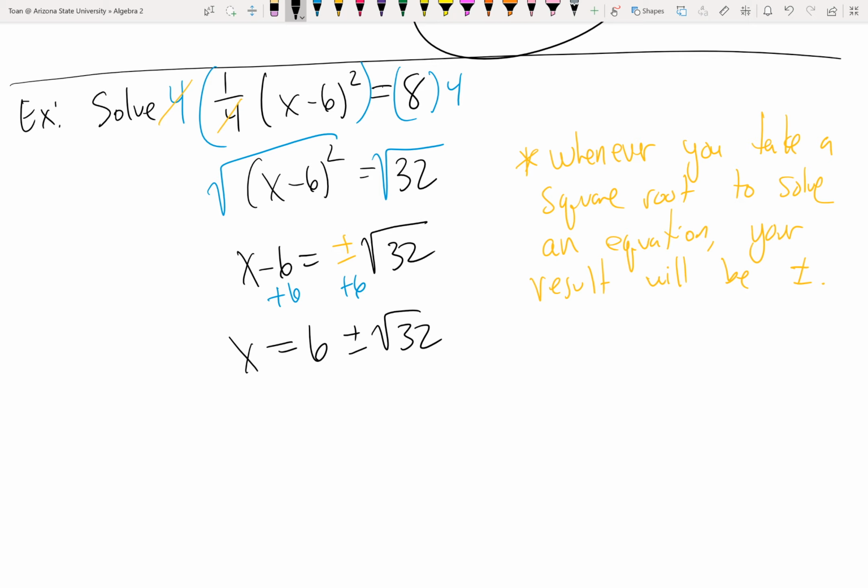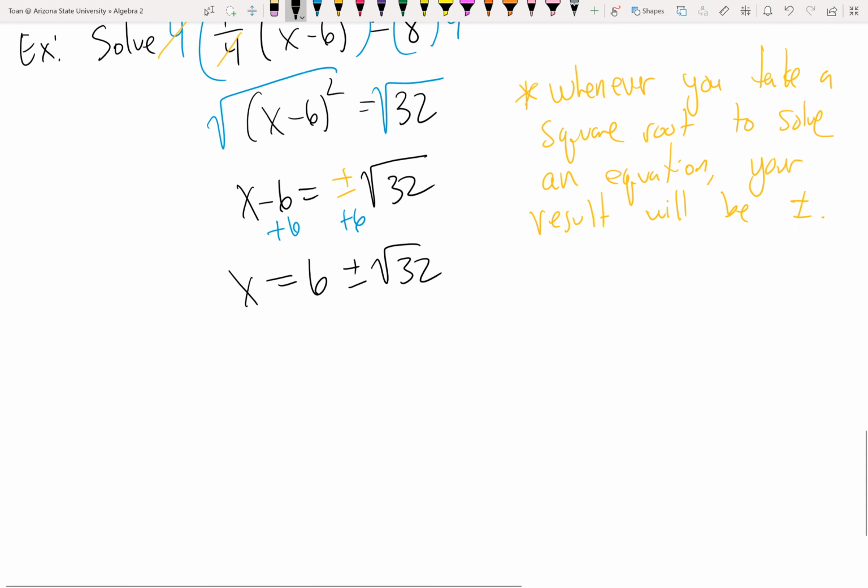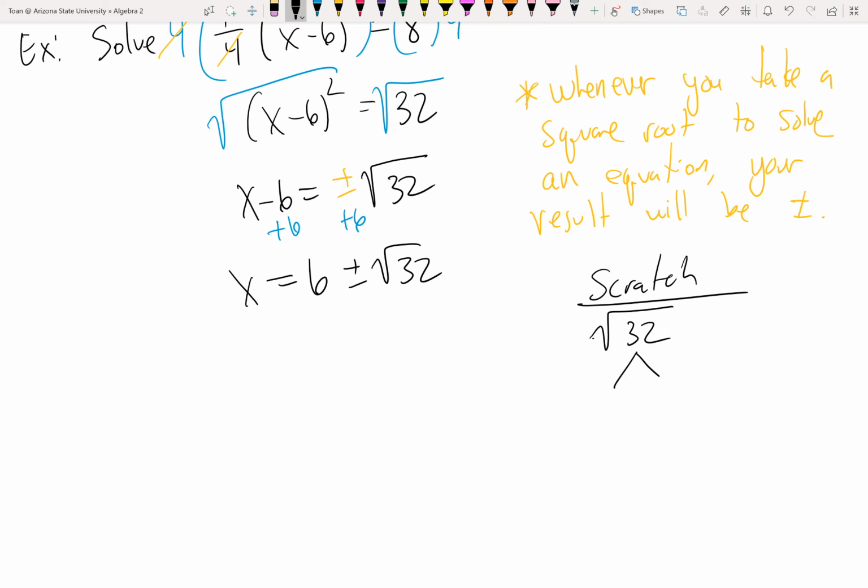You always want to simplify it as much as possible. So as scratch work here, I want to see if I can simplify the square root of 32. So let's break them down. I know that's 8 and 4. I know that's 2 and 4. I know that's 2 and 2. 2 and 2. You want to highlight the doubles. So I have a double here.